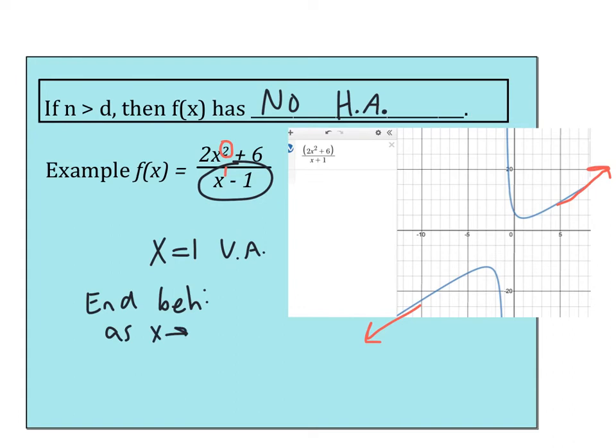As x goes to infinity, the y values over here, the right side, are just growing to infinity as well. And on the left side, as x is going negative over here, the y's are going to negative infinity as well.